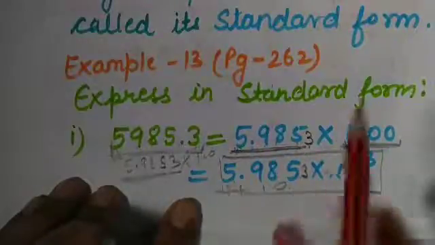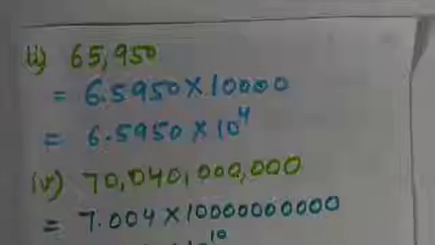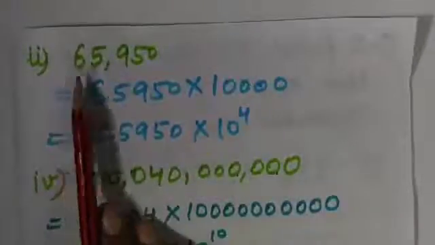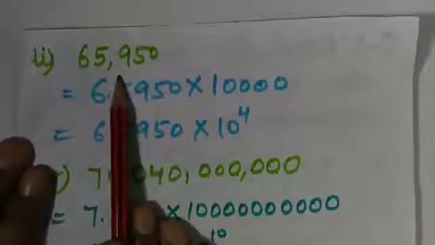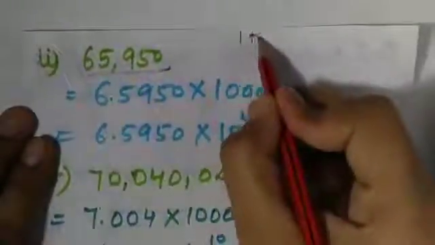Okay, so let us consider one more example. Second part of the same example, that is 65,950. How will you write it in standard form? First, I have to express this number as a decimal, and the decimal number should be between 1 to 10.